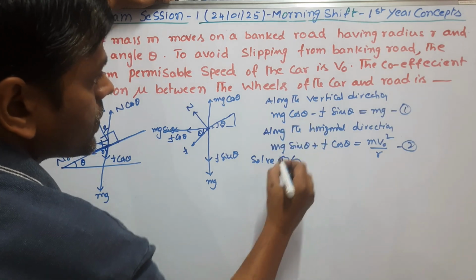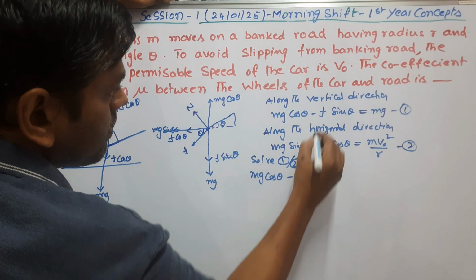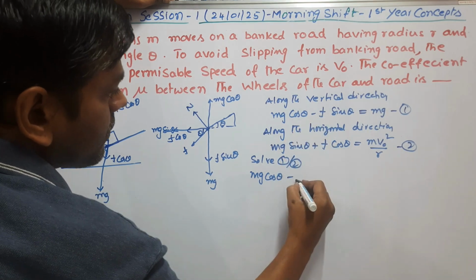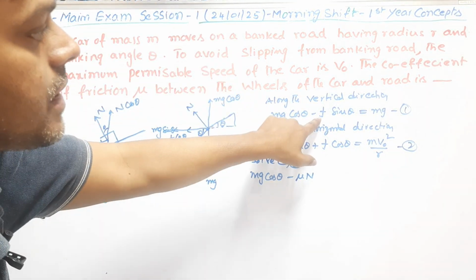Solve 1 by 2. Mg cos theta minus F sin theta, where F equals mu N, according to the laws of friction, since friction is directly proportional to the normal reaction.